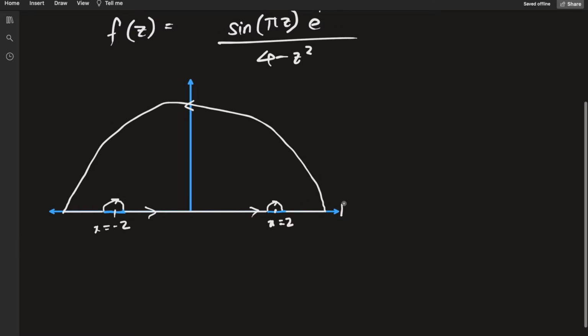Well, this is the real axis, this is the imaginary axis. Call this negative r, call this positive r. This is the 0, path gamma.